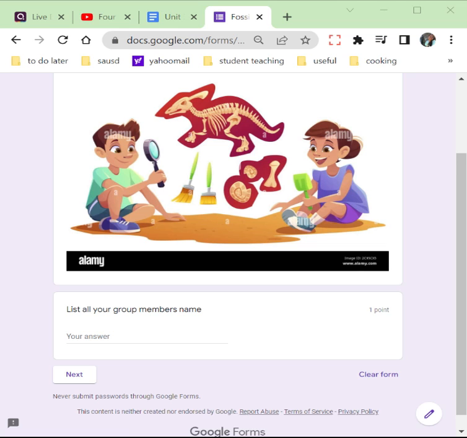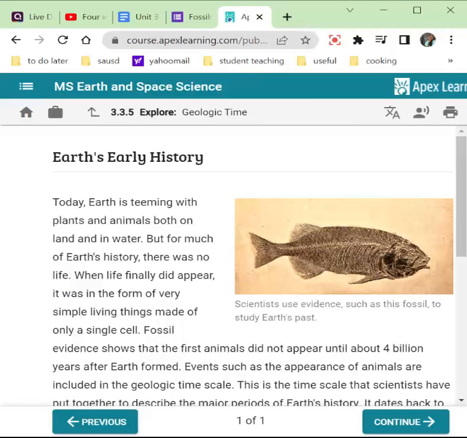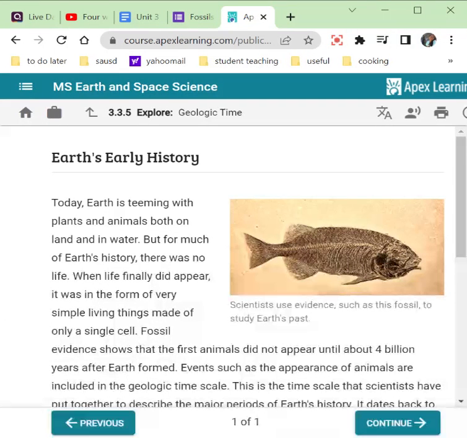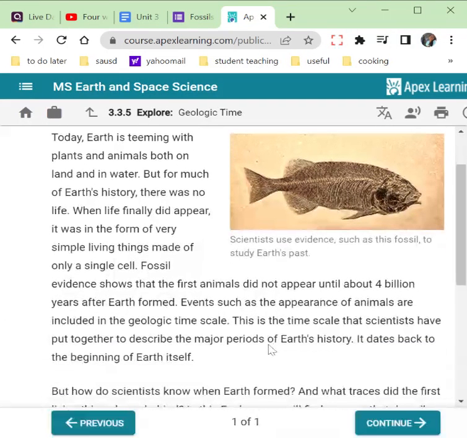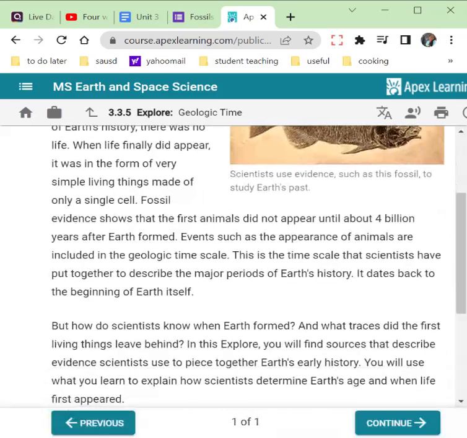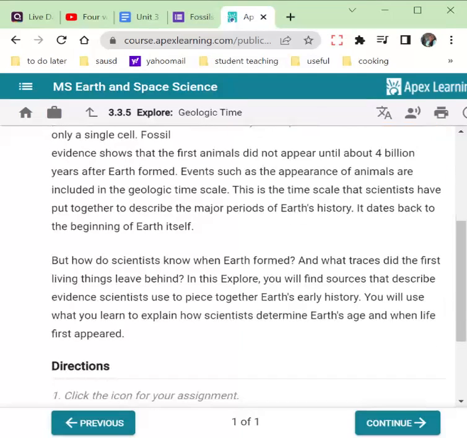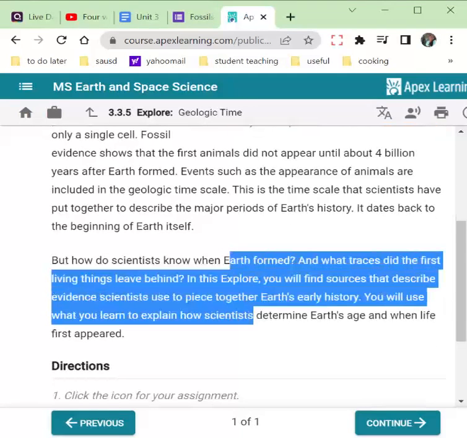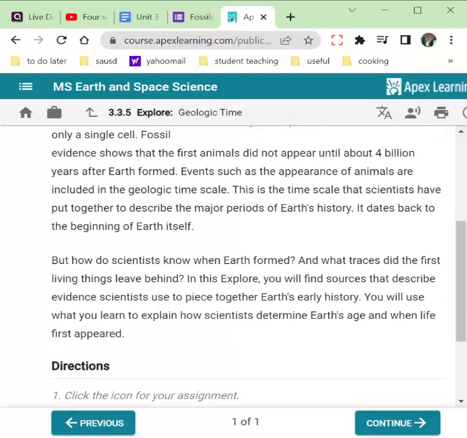And with all this fossil talk, it's our turn to be scientists. So with how old the Earth is, we'll have to find out. We'll have to do a lot of research to find out. So that's what you'll get to do. You'll get to do some research. You're gonna be scientists and answer questions with your group.